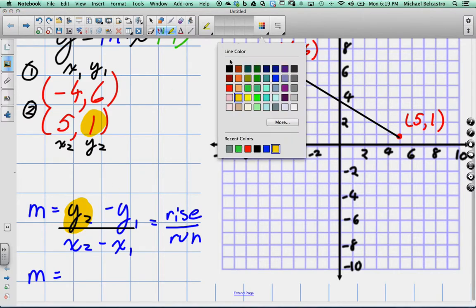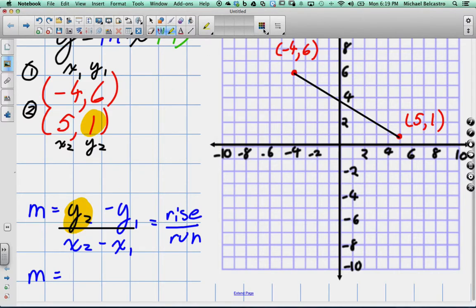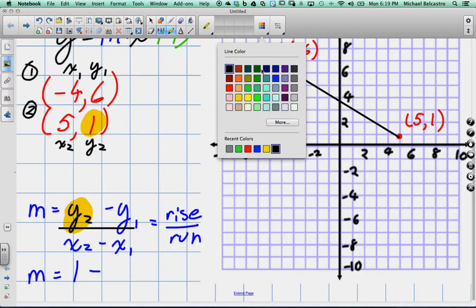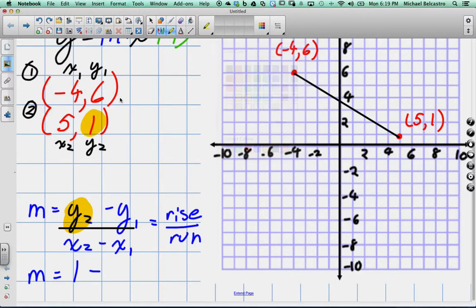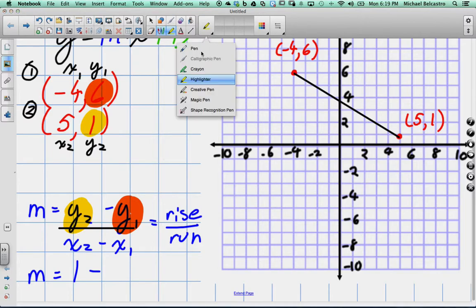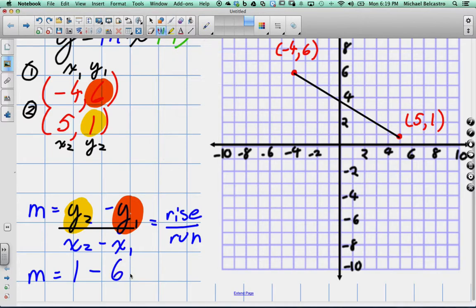So let's write that number in, 1. Subtract our y1, which is our value 6. So we're going to write in minus 6.